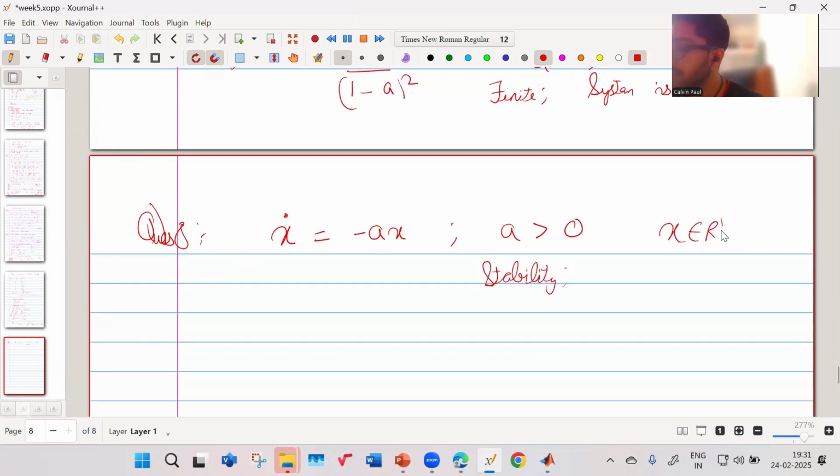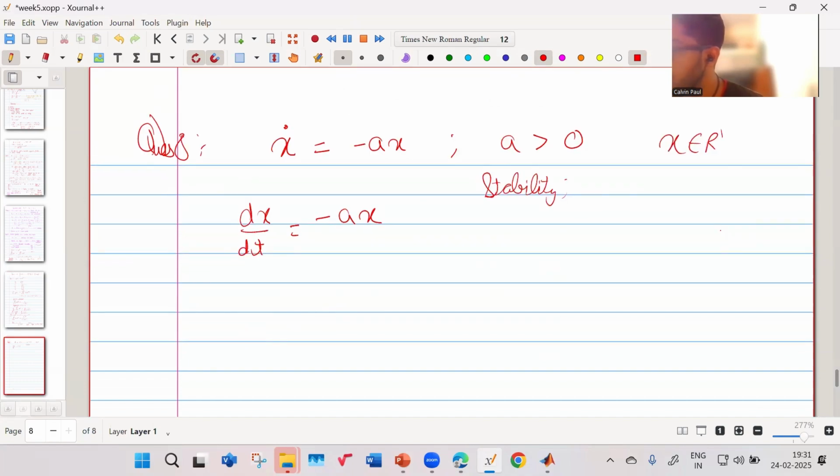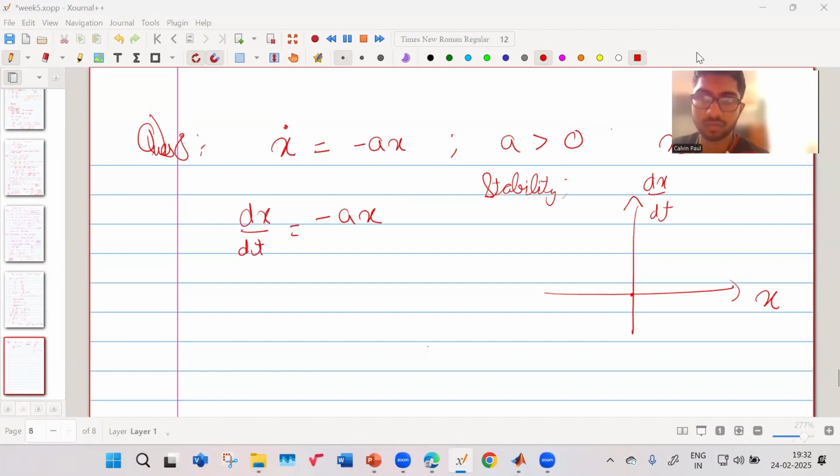Now this is dx/dt is equal to minus a into x. So we draw what is known as a phase line. In this graph, we have x over here and dx/dt over here. So this would be a line passing through the origin.